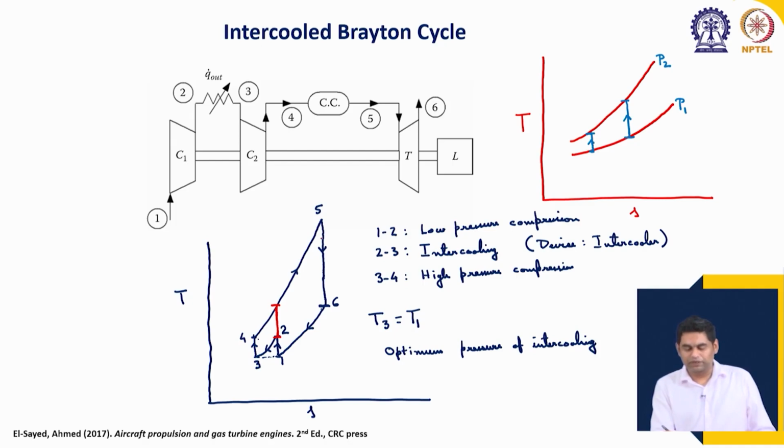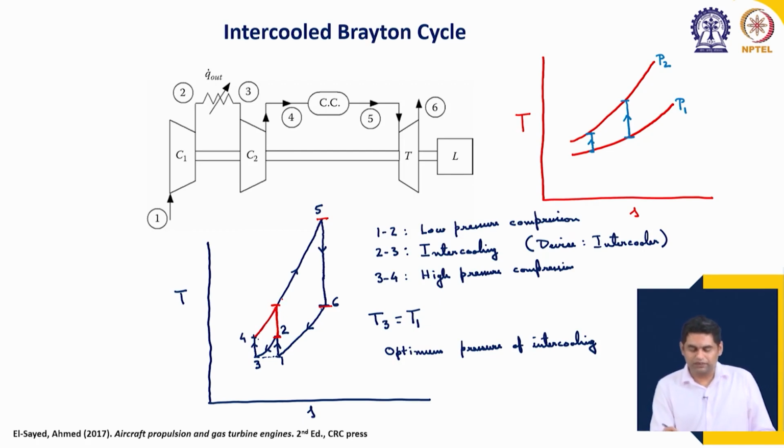Turbine work remains similar, because the pressure range is the same as a simple Brayton cycle, which means that the net work output should increase. Okay, net work output should increase. However, this also comes at the cost of efficiency, because now we have an added section of heat addition. So, more heat addition is needed in the combustion chamber.